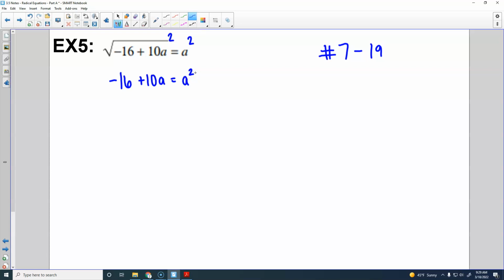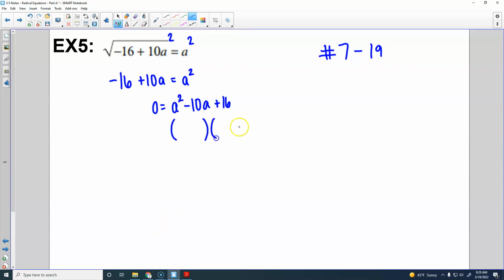So I have an a squared and also a 10a. So what do I do to solve this? Factor. So we'll move everything to one side. We're going to factor. So I'm going to move everything over here with the a squared. I like for it to be positive. So I have a squared minus 10a plus 16.